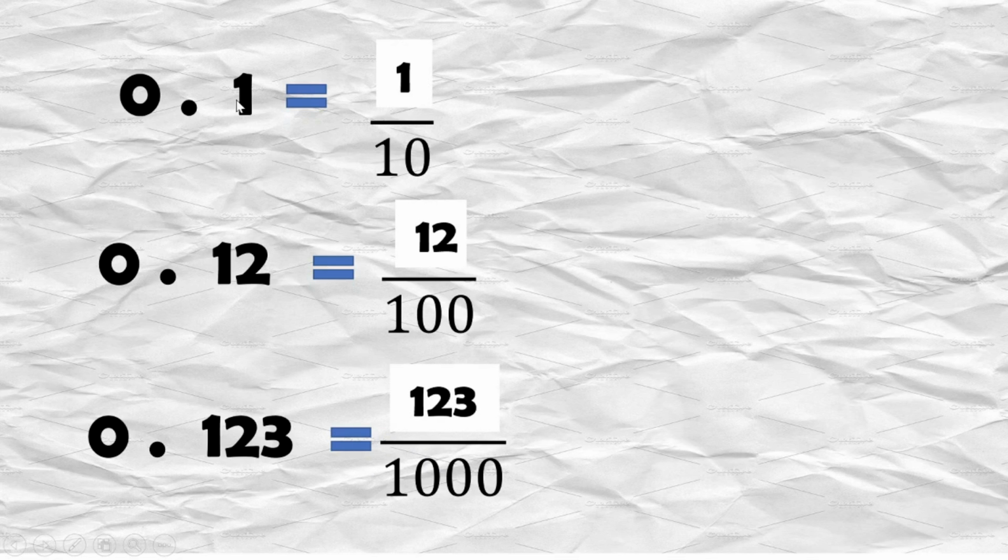So, remember, when we have one digit after the dot, that is in tenths: 1 digit, 1 zero. If you have 2 digits, that is in hundredths: 2 digits, 2 zeros. If you have 3 digits, that is in thousandths: 3 digits and 3 zeros.